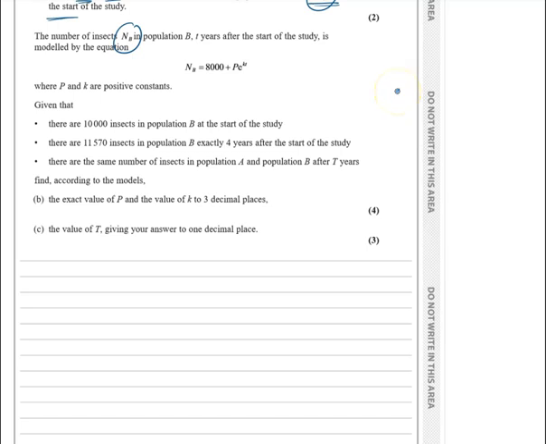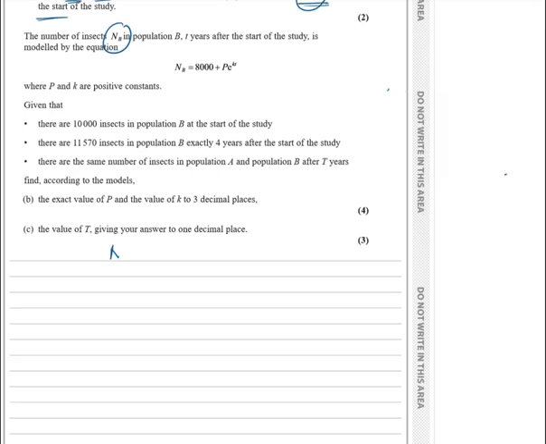Part B, for the second model, we have NB, the number of insects, equal to 8,000 plus P e to the power of KT. So I have the first condition, at the start of the study, we have 10,000.